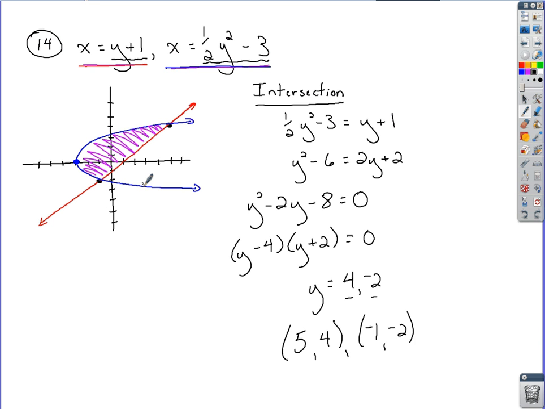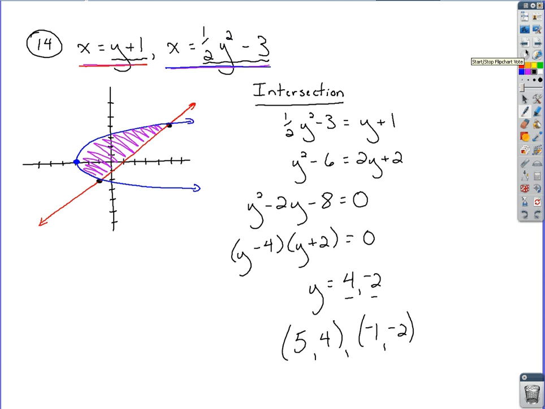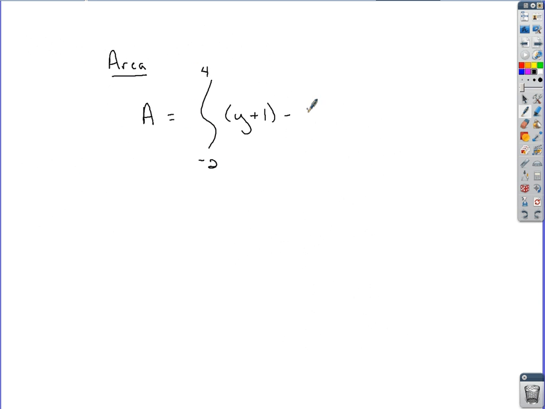So my linear part of y plus 1, that'll go first. That's because it's opposite, exactly. And we're going to subtract the curve, which is the 1/2 y squared minus 3.